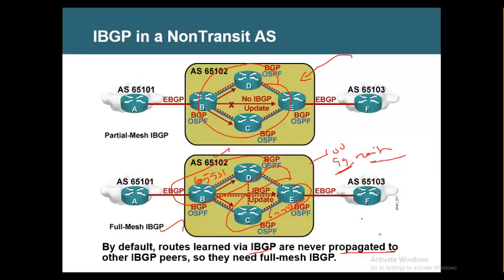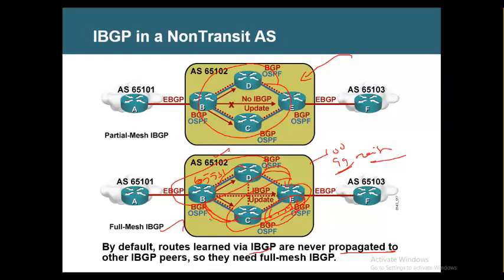There is no problem now. Whatever D learns from B, it will now give to E because E appears like another autonomous system. Likewise, whatever E has given to C, C will give to B because B and C appear as if they are in two different autonomous systems. Yes, they are two different sub-autonomous systems, right?